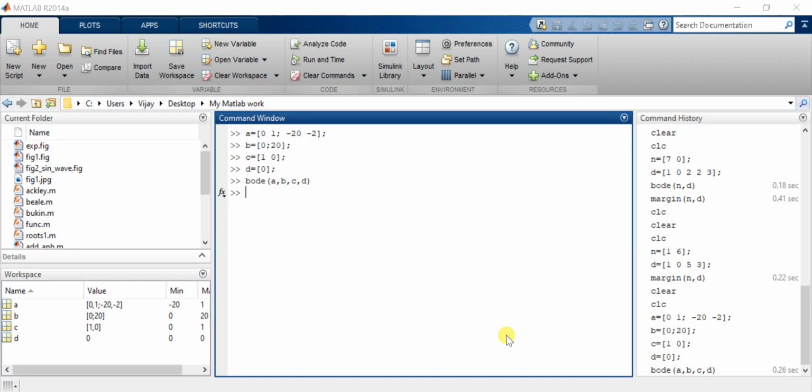So let's take some examples and try to draw the Nyquist plot of a particular system.